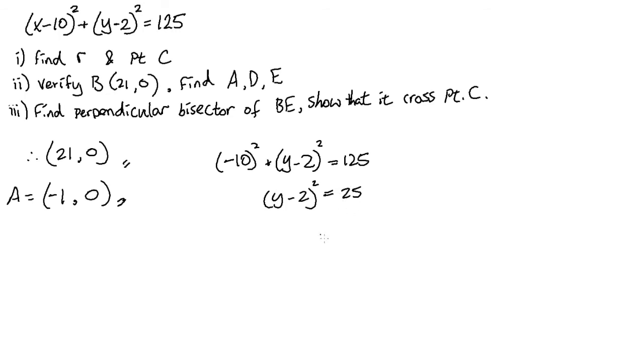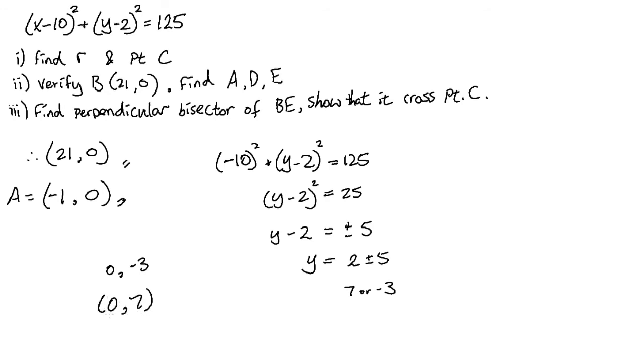Again, conveniently, 25 is a square rootable integer, and so you get plus or minus 5 as y − 2, and therefore the solution for y is just 2 plus or minus 5, which is either 7 or −3, and therefore the coordinates of D and E are respectively (0, −3) and (0, 7).